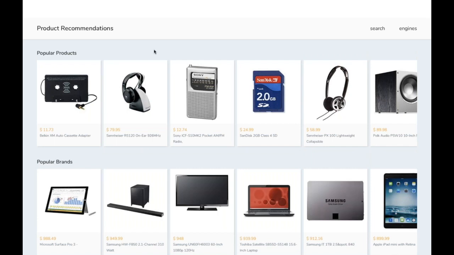So we haven't added anything to our basket. We haven't looked at anything in particular. So these are just generic sets of recommendations, right? Popular products and popular brands. So this is what you would get if someone just started at your site. You don't have any information about them. Maybe they haven't logged in, or they haven't started browsing anything. If you don't have any basis at all for making recommendations, this is the minimum that you want to do.